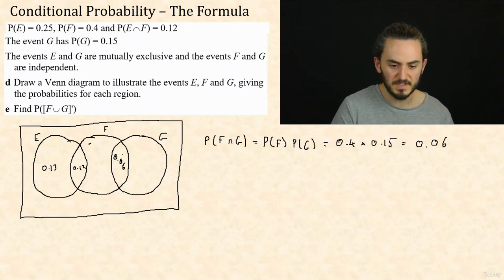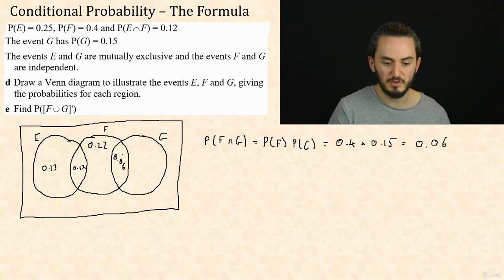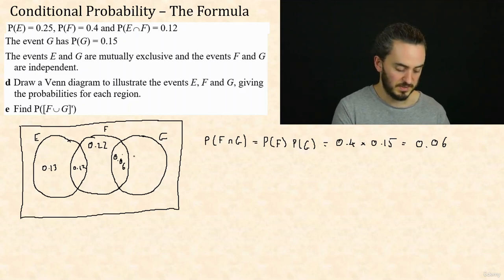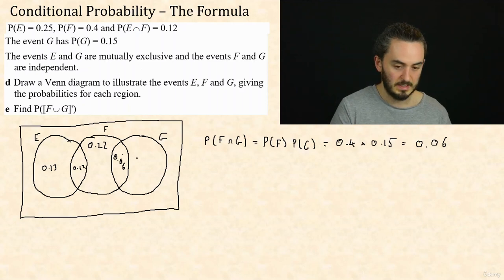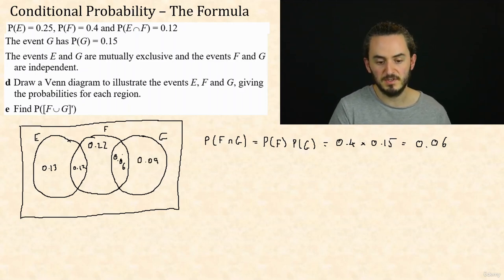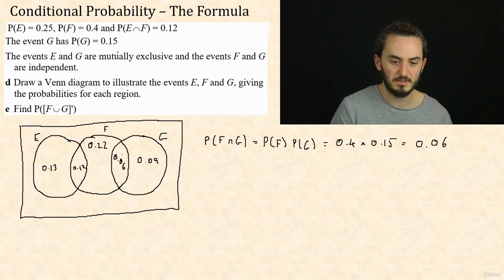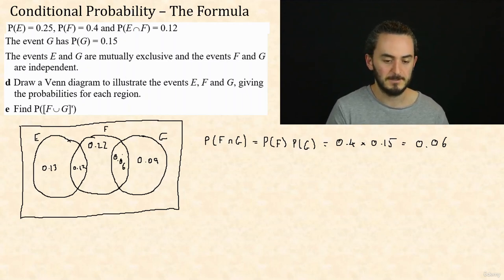And it leaves me with 0.22 for this region of F, which is not E and also not G. What about the rest of G? Well, all of G is 0.15, but I've already got 0.06, so I can do 0.15 minus 0.06, and that gives me the rest of G. And now, look, 0.09 plus 0.06 is the 0.15, which it should be.